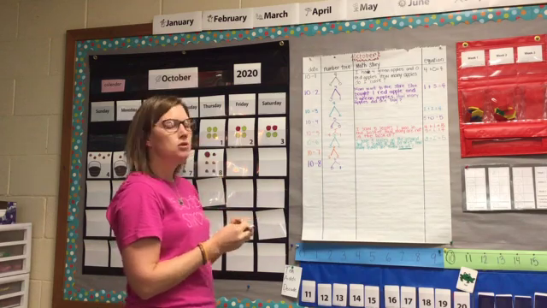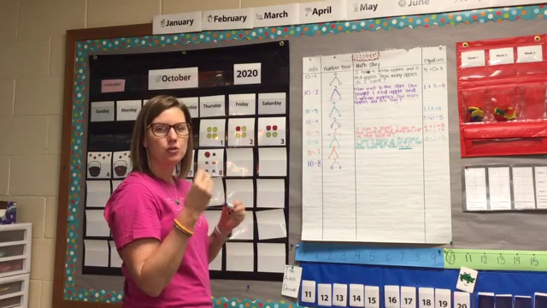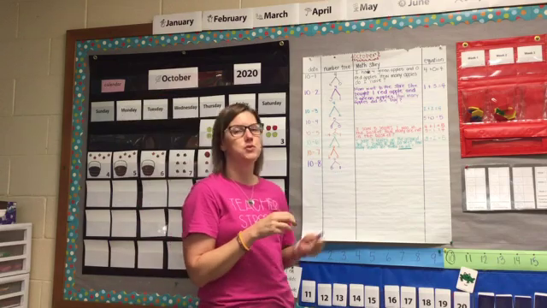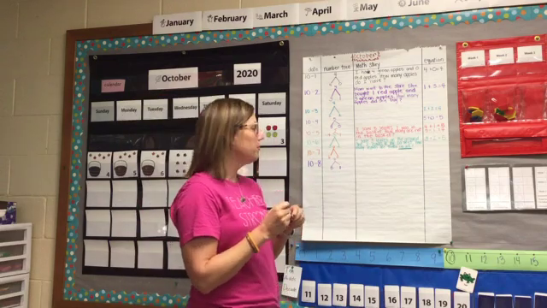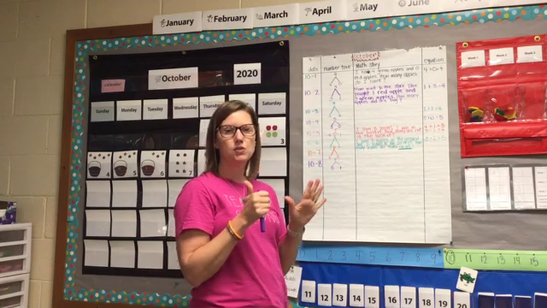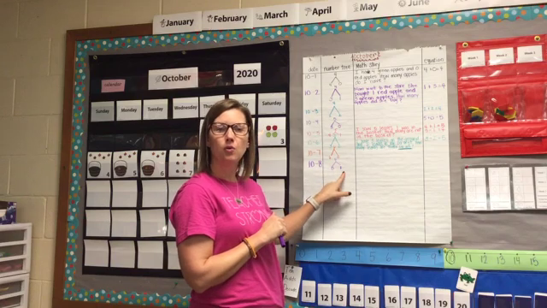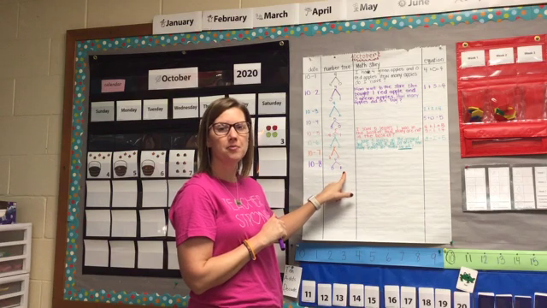Now, I want you to be thinking, what kind of math story would you write if you had to write the math story today? What would you write for our number tree? We have 6 total, and we have 2 parts, a 5 and a 1, okay?